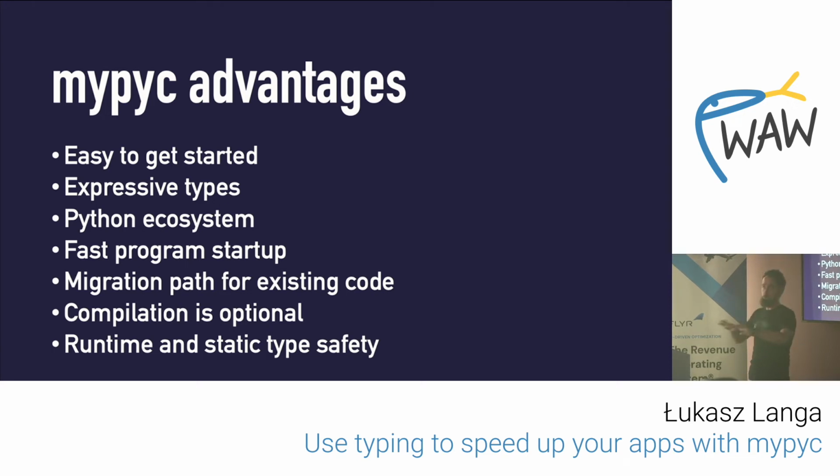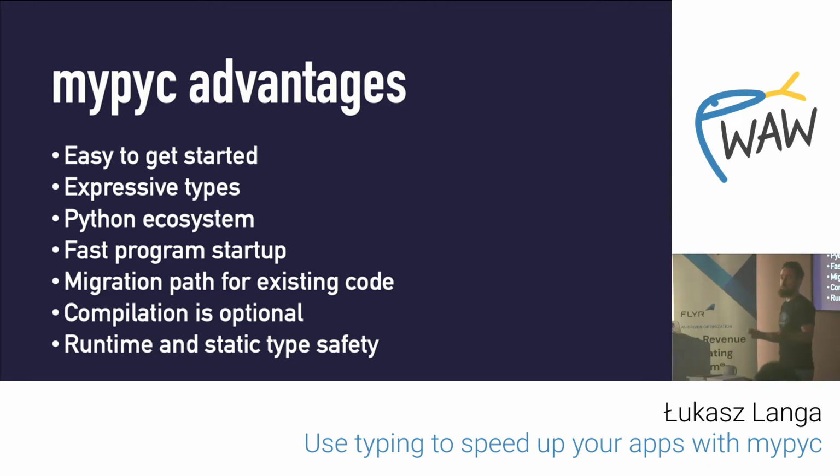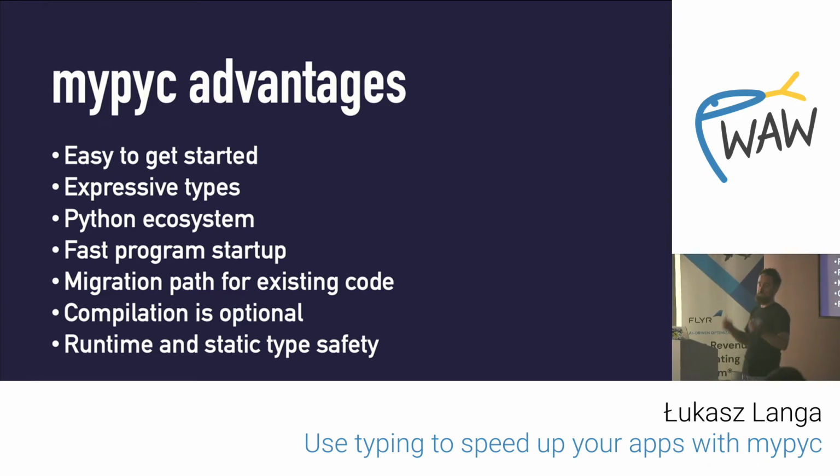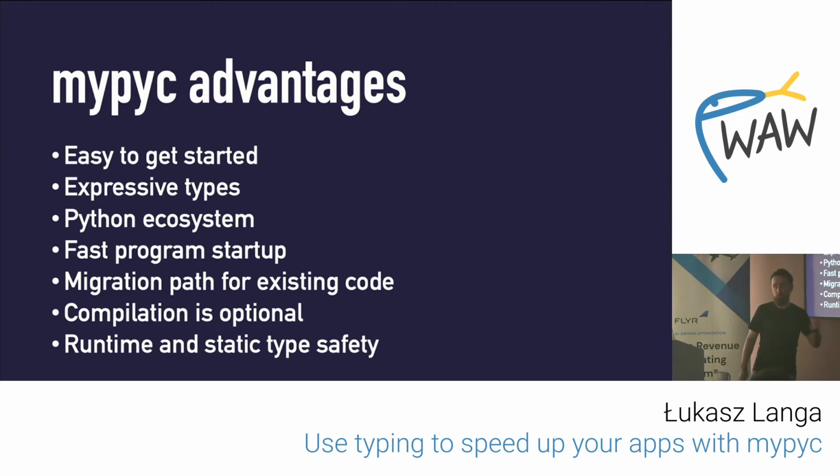So mypyc also cuts those checks, but it does it by first checking on the boundary of your static code. It checks whether your list of string is really a list of strings. And when it sees, okay, it's really a list of string, then it allows this binary code to be really fast. And if it doesn't, then it raises an exception. So you're getting a runtime type checker for free with this.